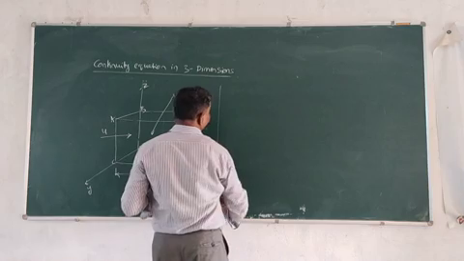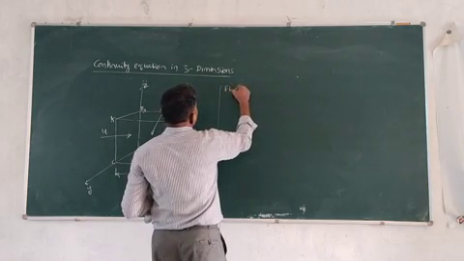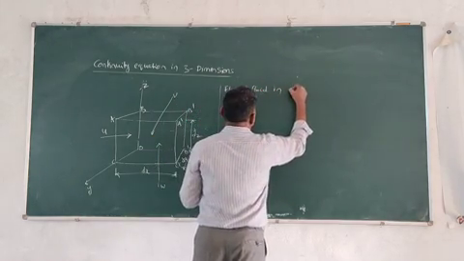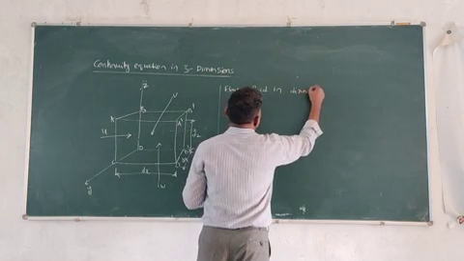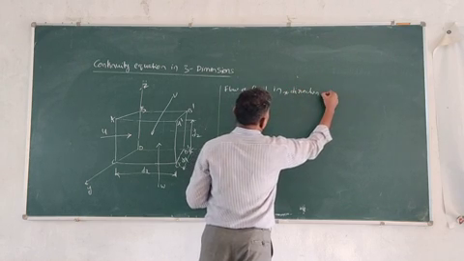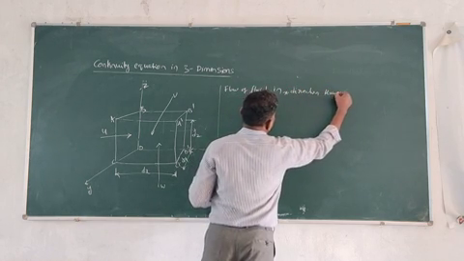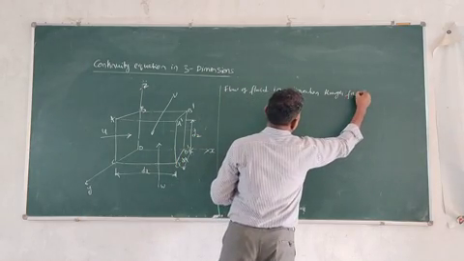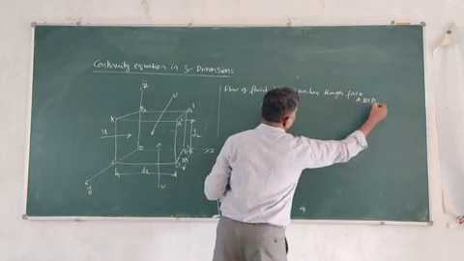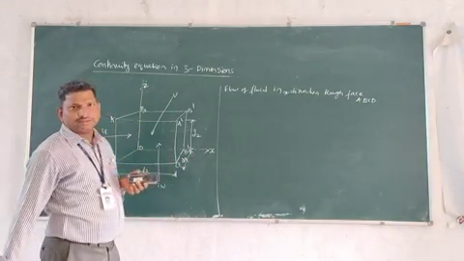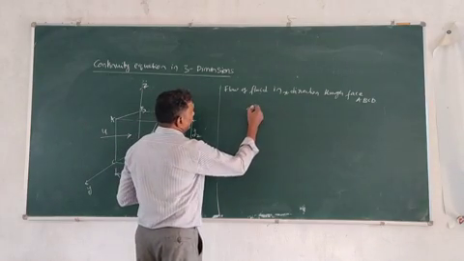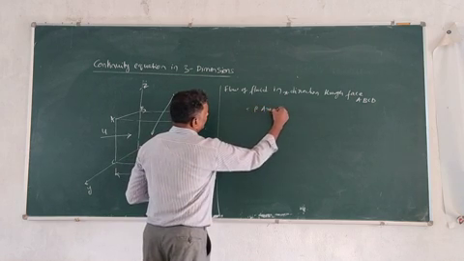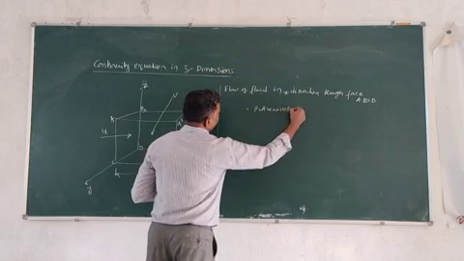Flow of fluid in the x direction through face A, B, C, D. From the continuity equation, what is that? Rho into area into velocity.